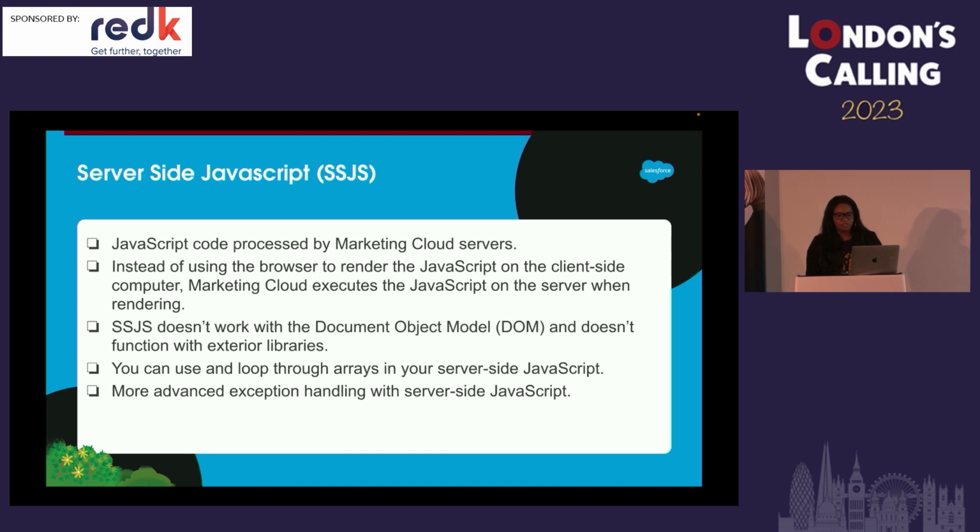It's the same JavaScript for loop that you're familiar with. And one of the major things that's different between AMPscript and SSJS is you get the try-catch. So if you like doing a lot of error handling, AMPscript doesn't do error handling really well right now. But with SSJS, for any type of error handling, you can use the try-catch block with SSJS.